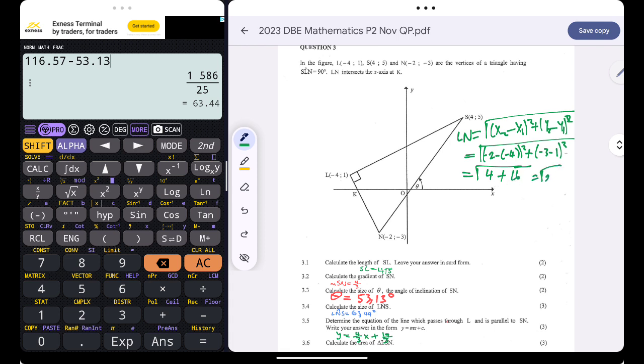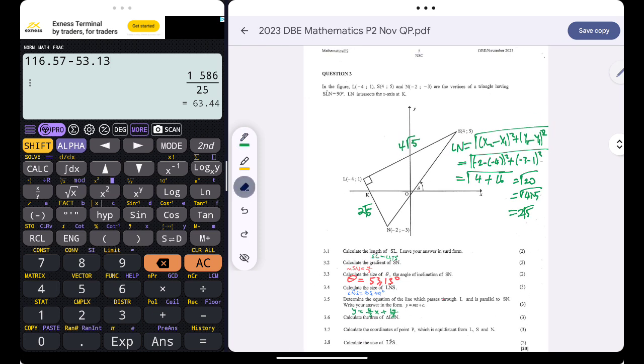This is the square root of 20, which can be written as square root of 4 times 5, 2 root 5. Okay, so now I know that this length over here is 2 root 5, and I found this one to be 4 root 5.